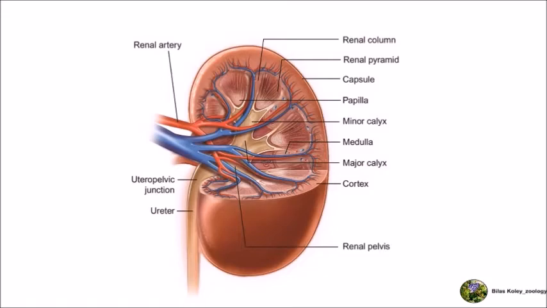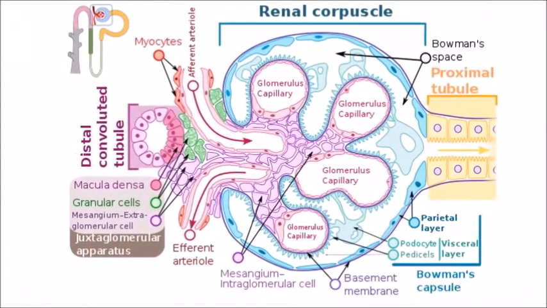Now, I would like to discuss the Bowman's capsule. Actually, it is a double walled cup present in the renal cortex. It is lined by a thin and semi-permeable squamous epithelium formed by flat cells.